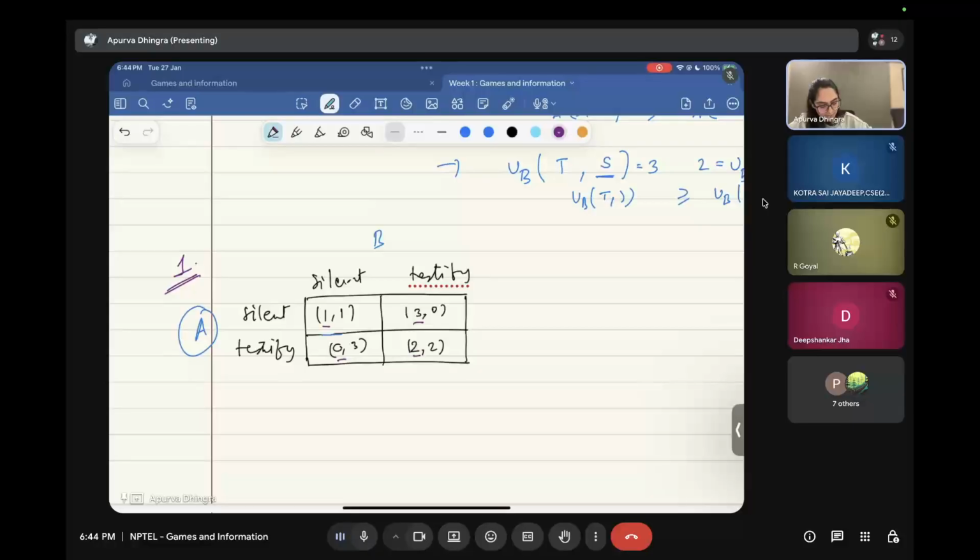So you will be comparing 1 and 0 or 3 and 2. In this scenario, if you are trying to minimize, you would say, okay, if player A chooses to be silent, he gets more utility than if he testifies, no matter what the other guy does.